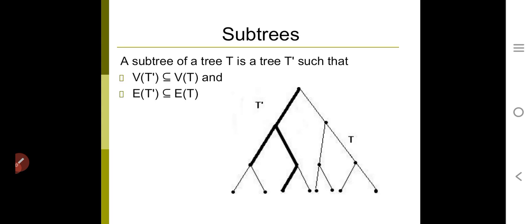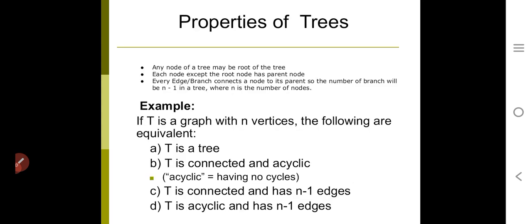For example, in the diagram, we take the dark portion as graph T dash and the whole graph as capital T. We have to find the vertices and edges. The vertices in T dash are also contained in the vertices of T. Likewise, the edges in graph T dash are also contained in graph T. So this is the example for a subtree.